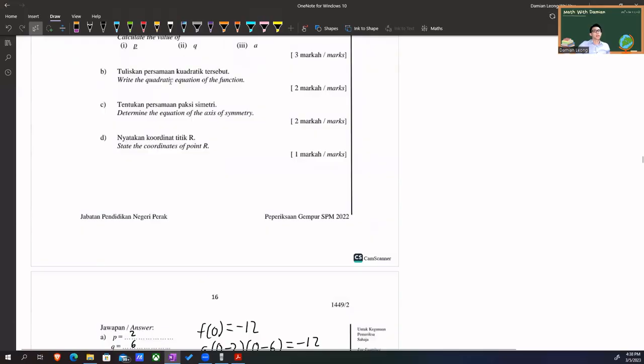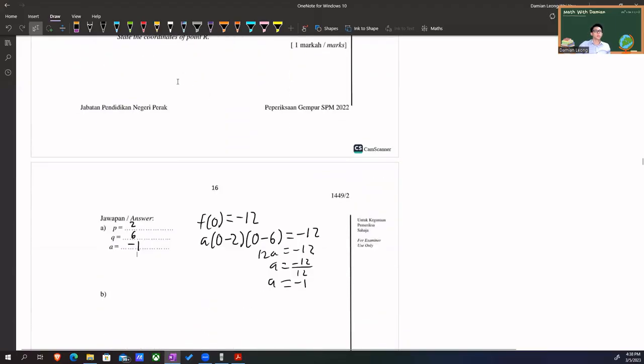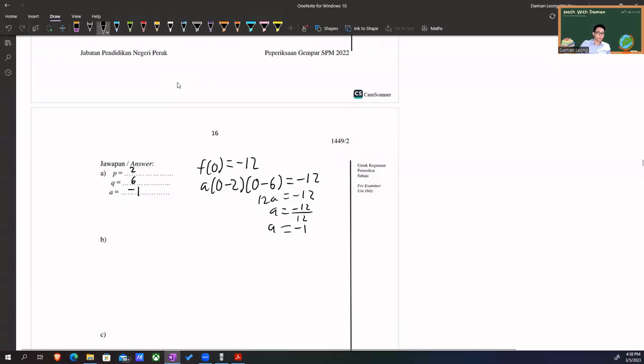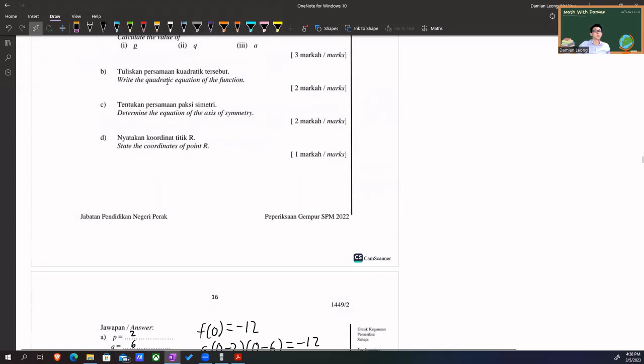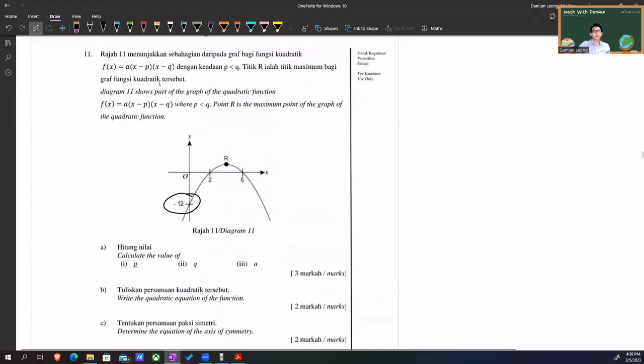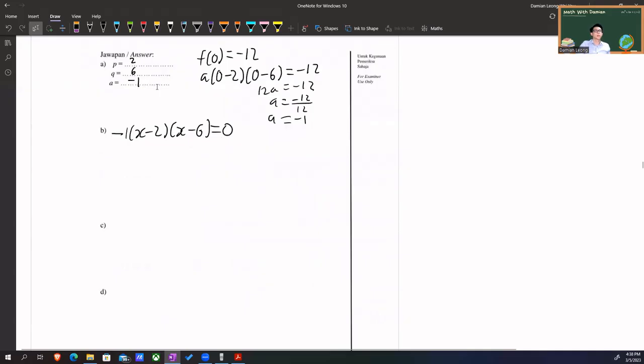Part B, write the quadratic equation of the function. I already know a, p, and q. -1 times (x minus 2)(x minus 6) equals 0. If you want an equation, just equate it to 0.